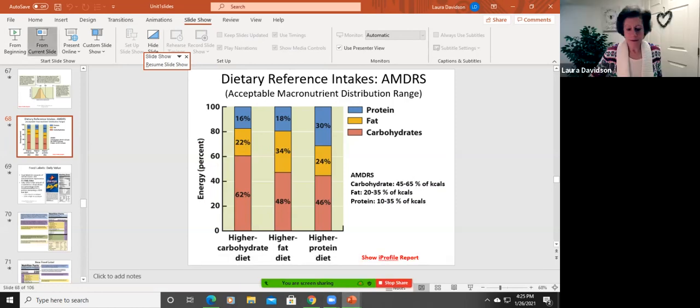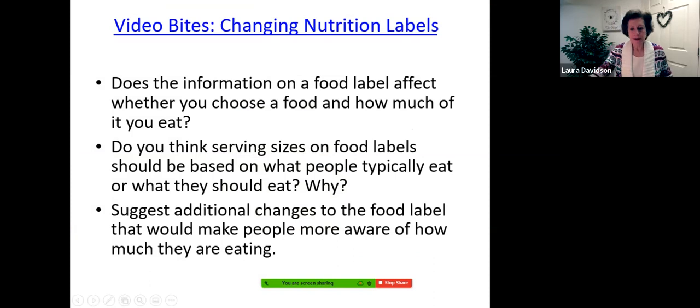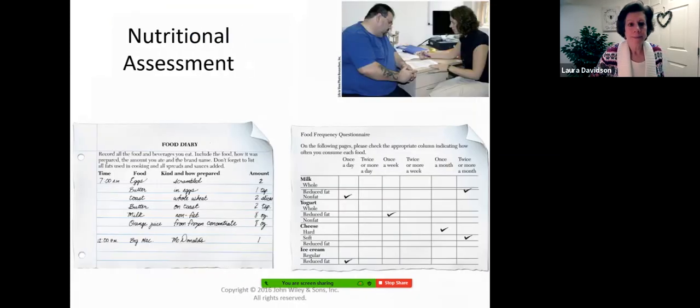So let me go to this, because I wanted to talk a little bit about this, kind of give away a test question for you as well, if you haven't taken the test, which you probably haven't, and also help you understand the information you're going to see as part of your diet analysis project.